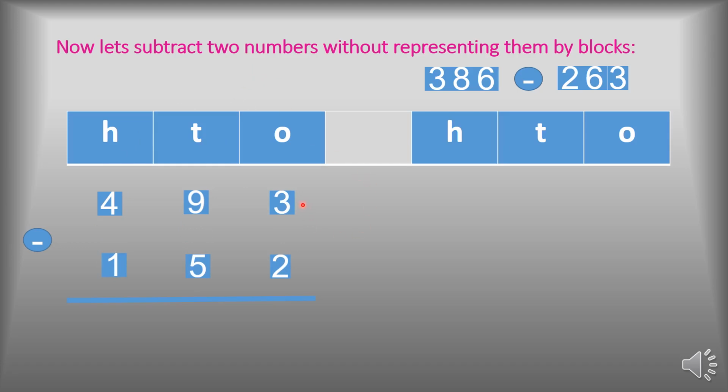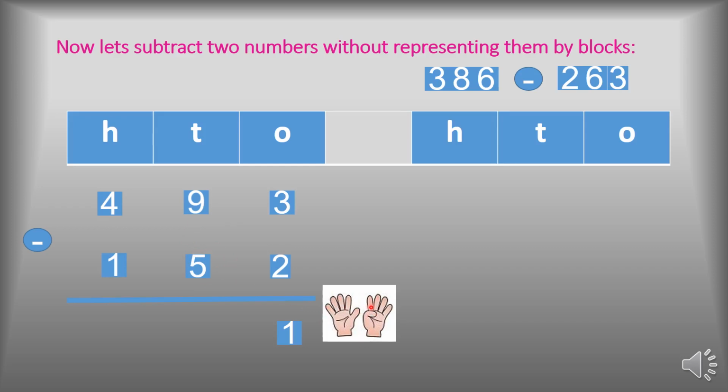Here we have 3 minus 2. I will put 3 fingers on my hand and close 2 of them. The remaining finger is 1. In the tens digit, I will put 6 fingers on my hands and close 5 of them: 1, 2, 3, 4, 5.